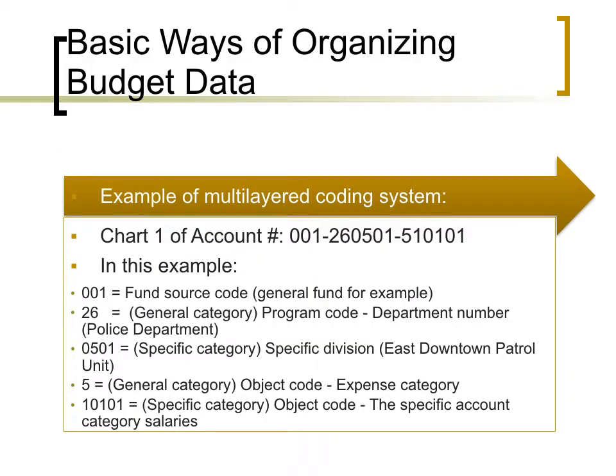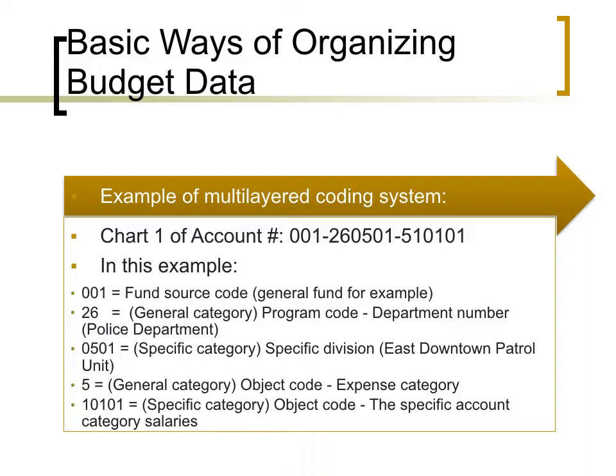Now here's an example of a multi-layered coding system within a chart of accounts. Here we have account number 001-260501-510101. The 001 stands for a fund, a funding source. Within our scenario, 001 stands for the general fund. So when I see 001, I know that the transaction takes place within the general fund.